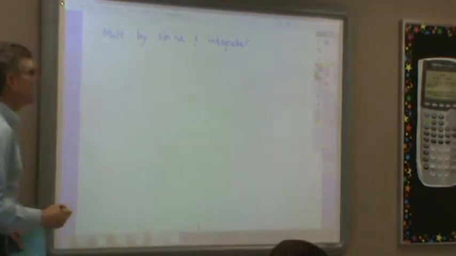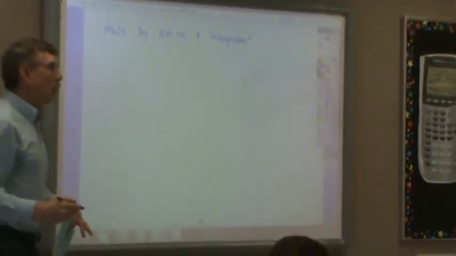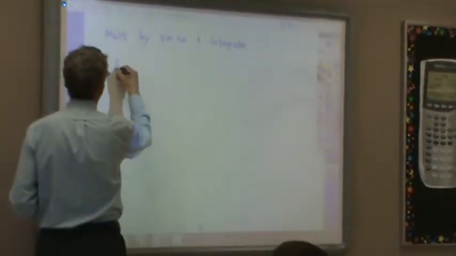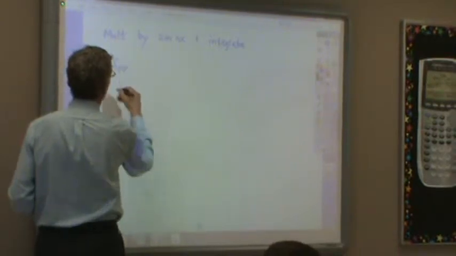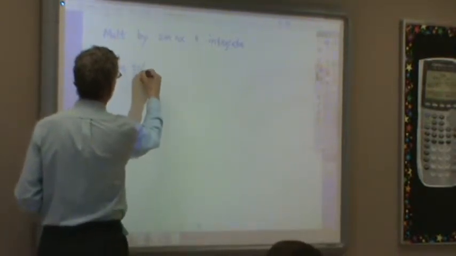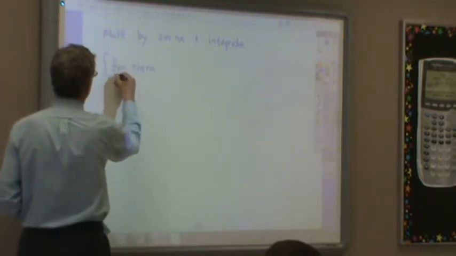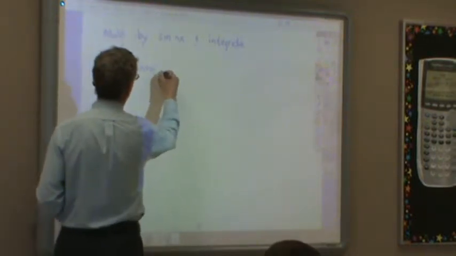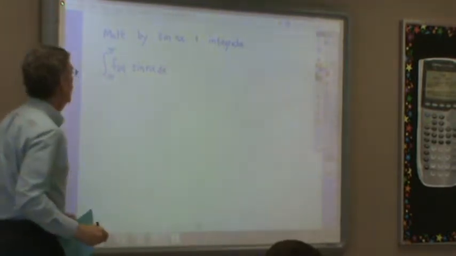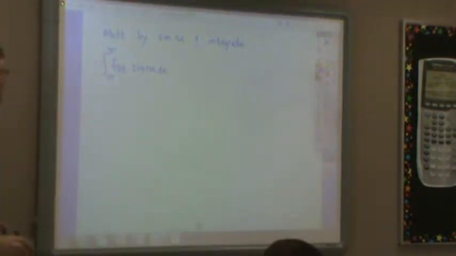Okay, so our original equation had f of x on the left side. We now multiply it by sine nx. We integrate that over one period. And we do the same thing on the right.